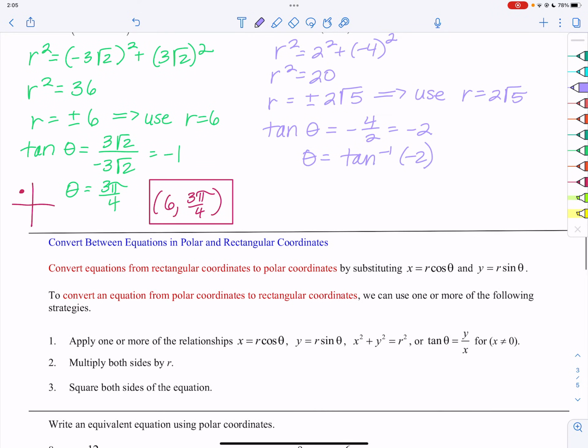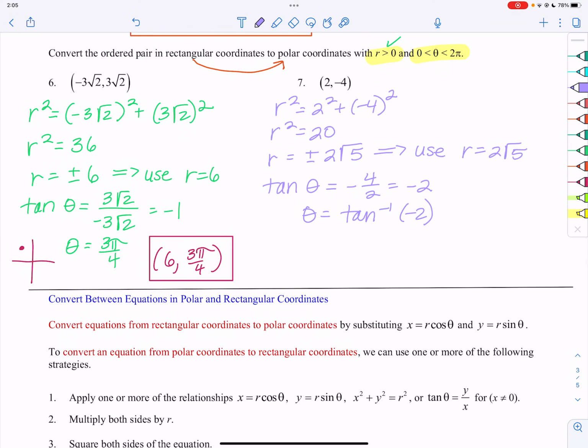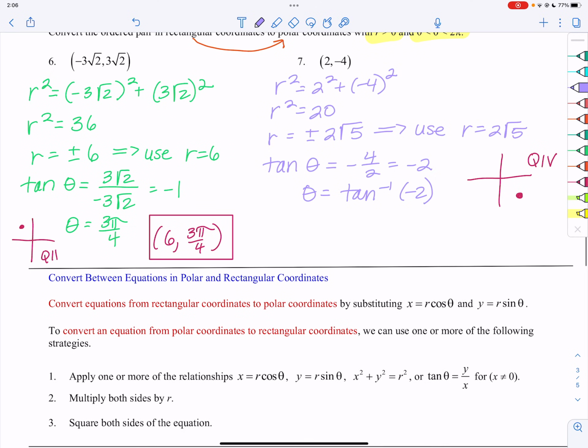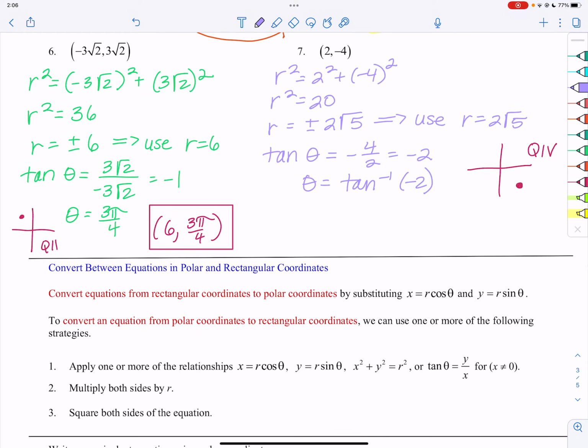And remember, we're in quadrant, let's take a look here. We are in quadrant 4 because we're at 2, negative 4. So we have 2 root 5, and then we're going to add 2 pi to the tangent inverse of negative 2.